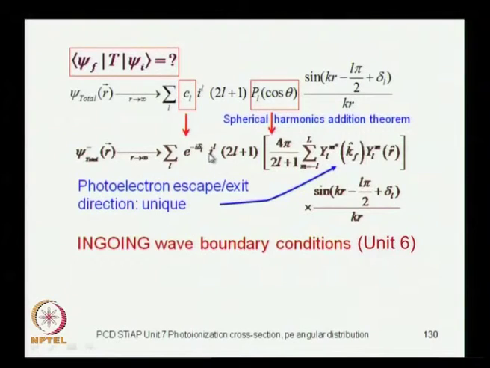CL must be given by e to the minus i delta L. That is the boundary condition that we discussed in unit 6. So, CL is given by e to the minus i delta L. Here, by making use of the spherical harmonics addition theorem, you can expand this in terms of m going from minus L to plus L, and this was done in unit 6.